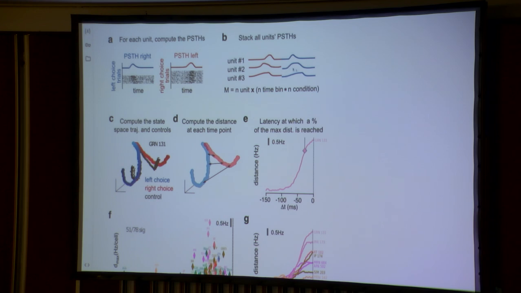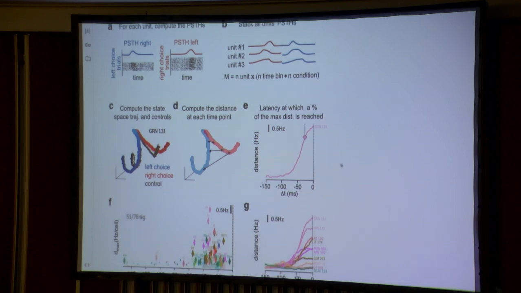Then we are going to do PCA on this matrix, so you'll have two trajectories for the left or the right trials. You'll take the difference between these two trajectories in PC space. In order to find the latency at which you can tell these two trajectories apart, meaning you can differentiate left or right trials, we're going to take a certain percentage of the rise of this distance here.